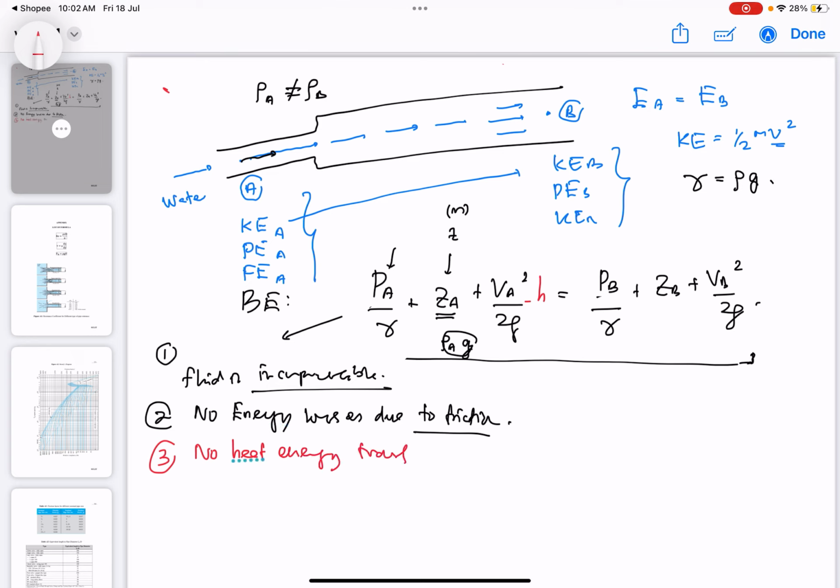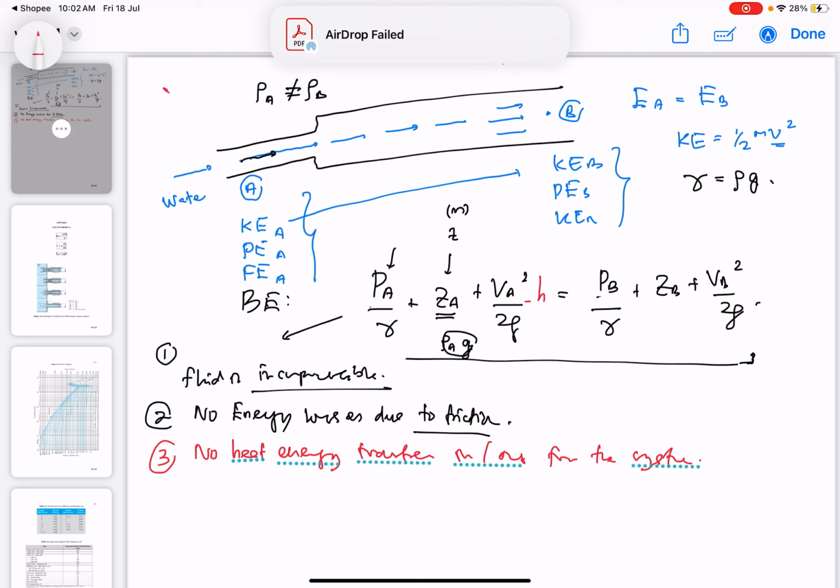in or out from the system. So if you really understand what we learned in our thermodynamics subject, you should notice that in thermodynamics we do have Q, which is energy transfer into the system, or sometimes we consider Q out from the system.